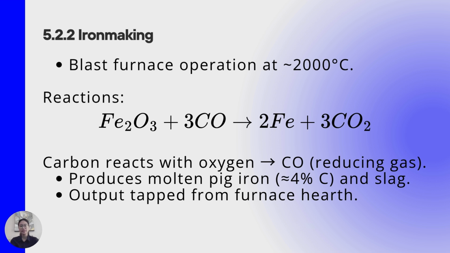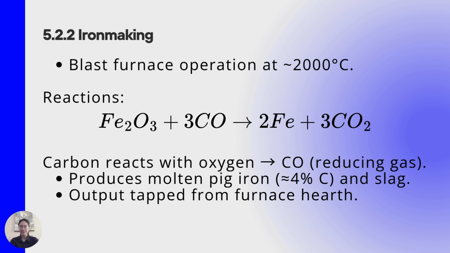The limestone flux decomposes into calcium oxide, which reacts with silica and other impurities to form slag. The slag floats on top of the molten iron due to its lower density, allowing it to be separated easily. The products of the blast furnace are first, molten pig iron, about 4% carbon, tapped from the bottom. Second is the slag, a byproduct that can be used for cement or road construction.